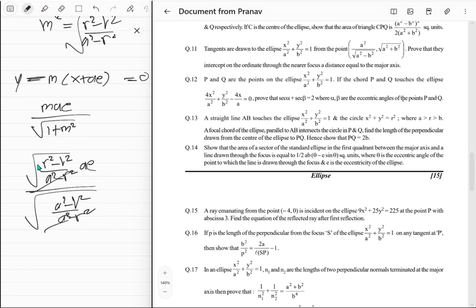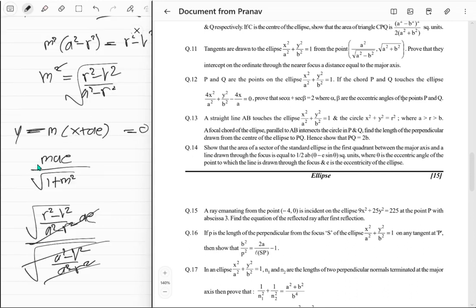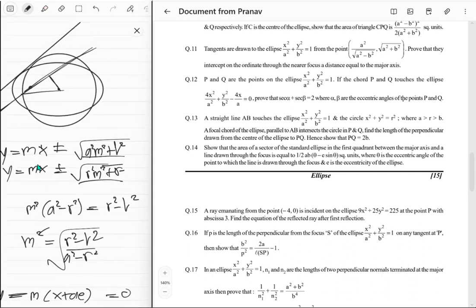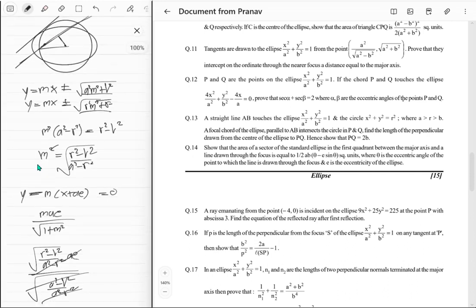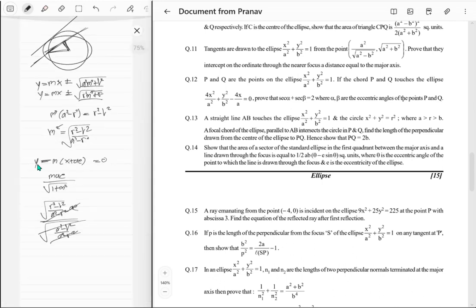Cool, this cancels, perfect. And this thing is just AE, so this cancels as well. So it's supposed to be square root of r squared plus b squared, as we expected. So there we go. This distance is supposed to be equal to square root of r squared plus b squared, and that just means this has to be equal to b, so that we get that thing. Fine. Next question.